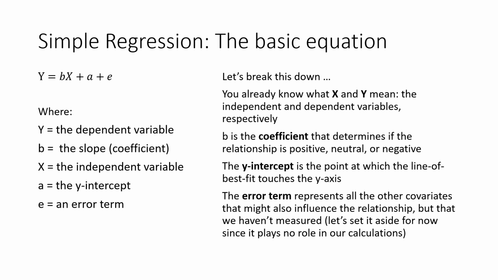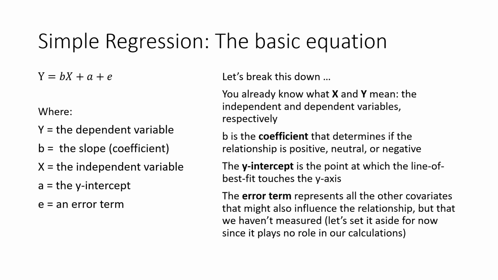So let's break down the different components of this equation. You already know what X and Y mean. So in the context of our research question, X refers to perceived attractiveness and Y refers to income, right? But what about the rest of the equation? So B is what we refer to as the slope or the coefficient.